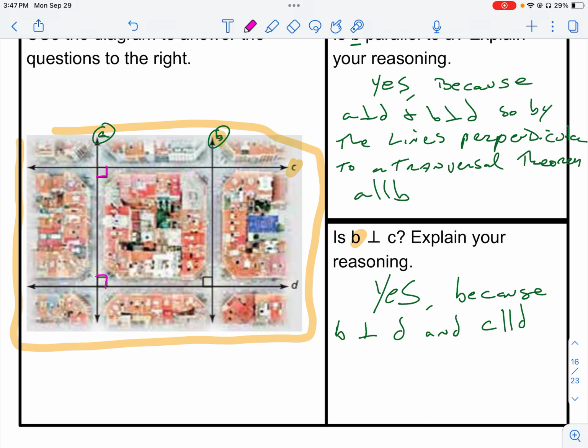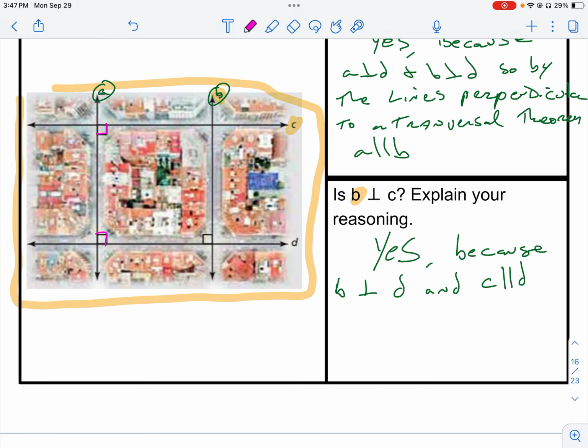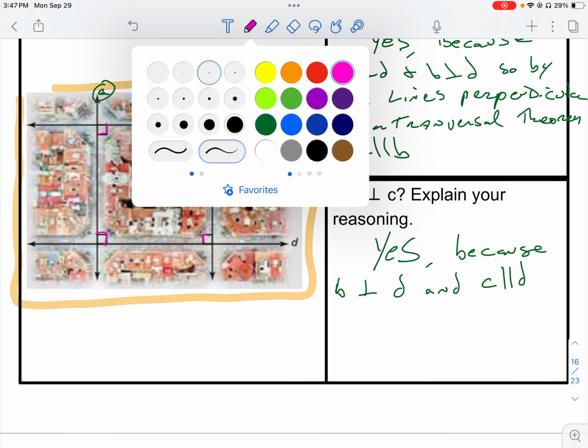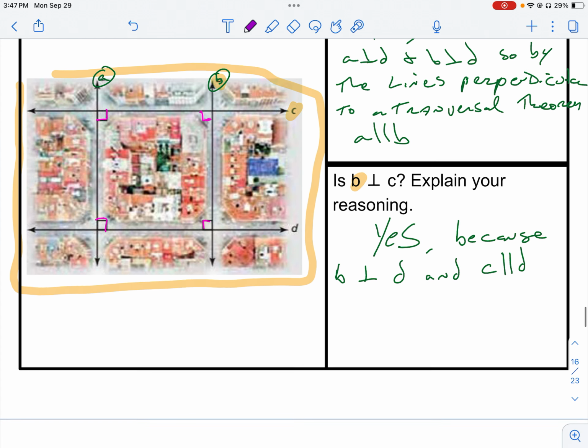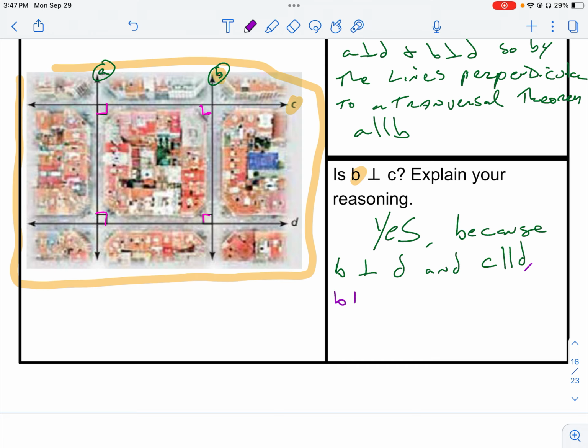Well, C and D are perpendicular to the same transversal, so they're parallel. And if B is perpendicular to D, it has to be perpendicular to C. So B is perpendicular to C by the perpendicular transversal theorem. And we are done.